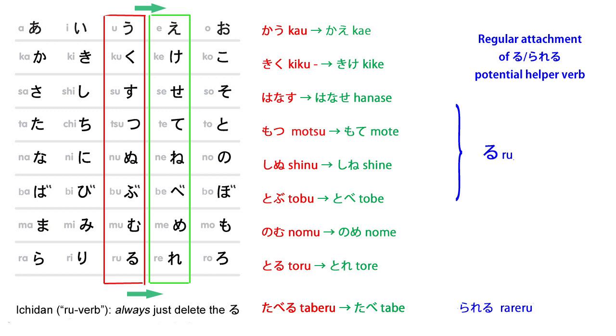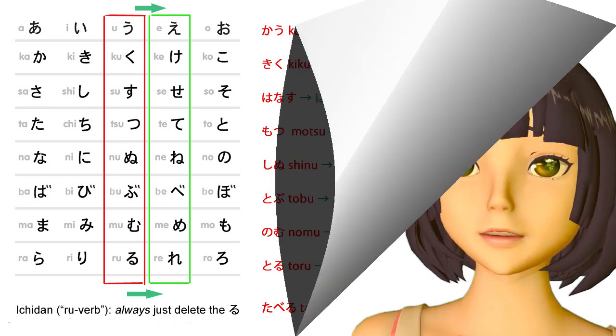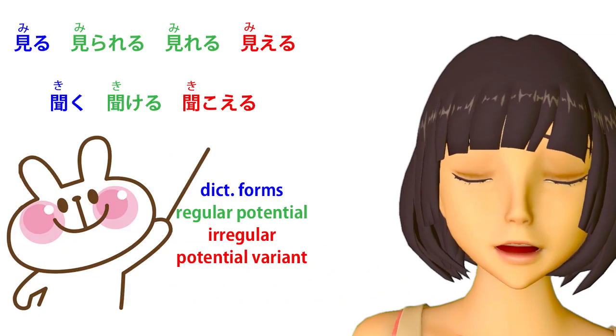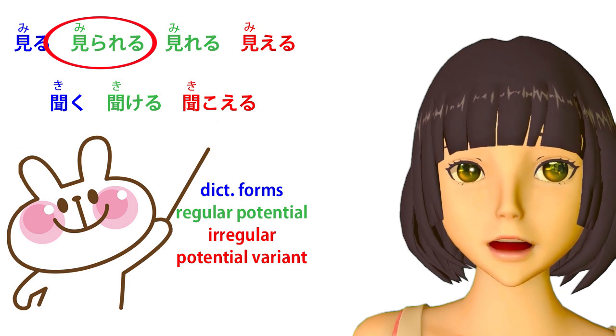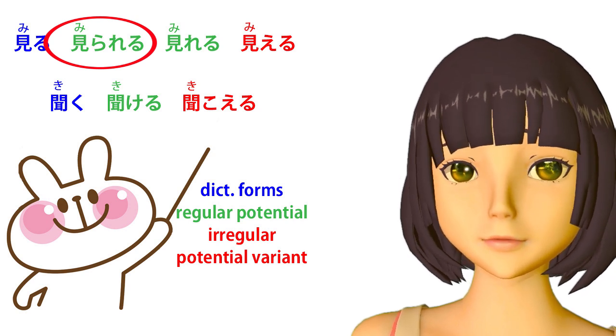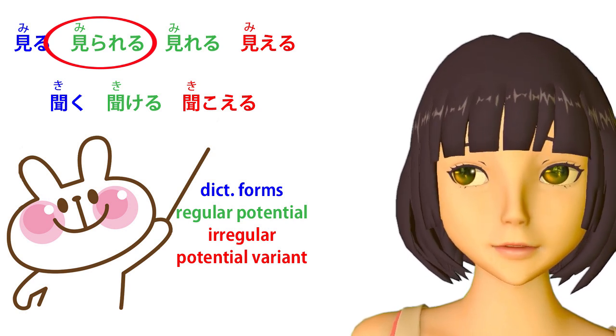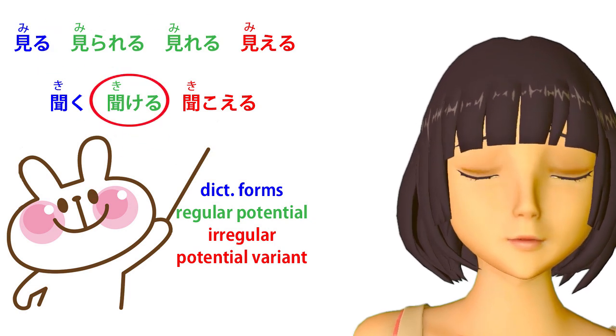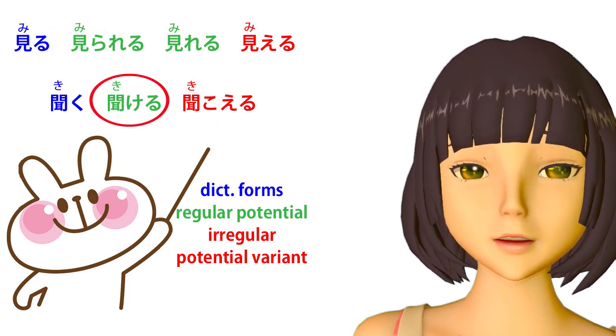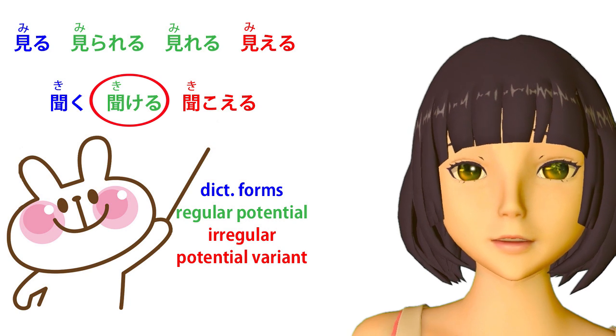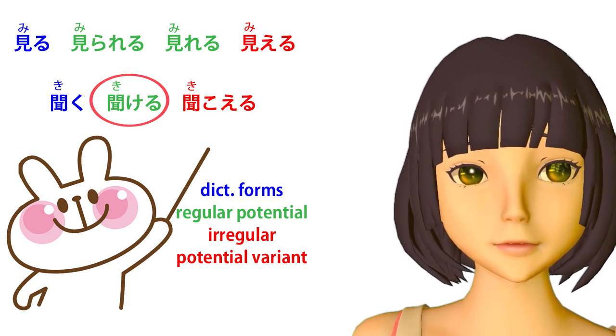In the ichidan, we do what we always do, we simply remove the ru and put on whatever it is we're going to put on. In this case, the ichidan potential helper is rareru. So, as we can see, mirareru is the regular potential form of miru, which is an ichidan verb, and kikeru is the regular potential form of kiku, which is of course a godan verb.